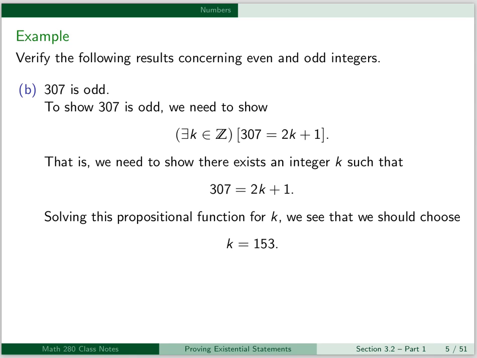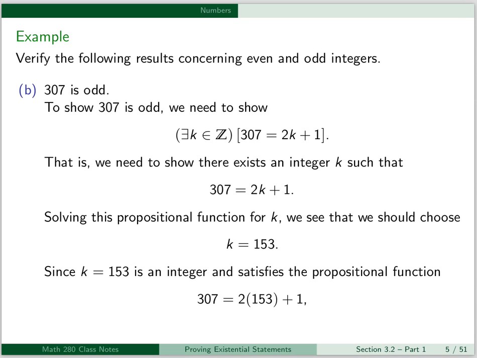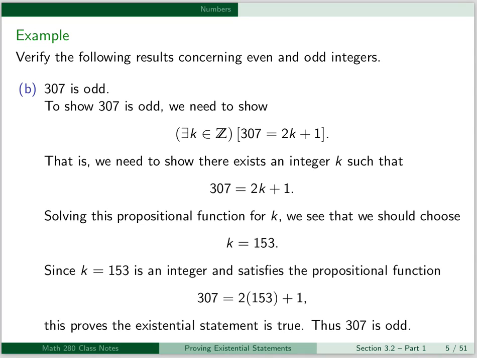Solving the propositional function for k, we see that we should choose for our example k equal to 153. Since k equals 153 is an integer and satisfies the propositional function 307 equals 2 times 153 plus 1, this proves the existential statement is true, and thus 307 is odd.